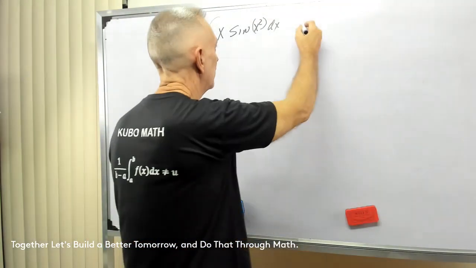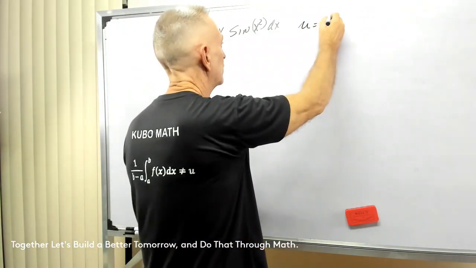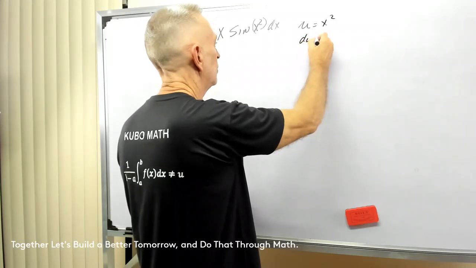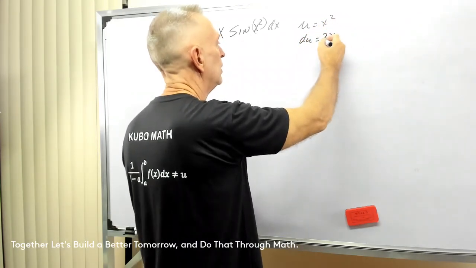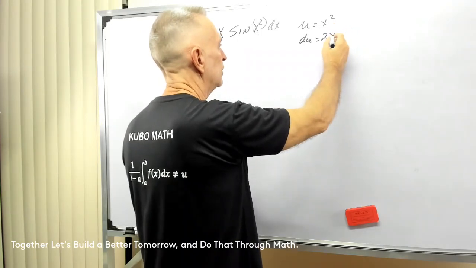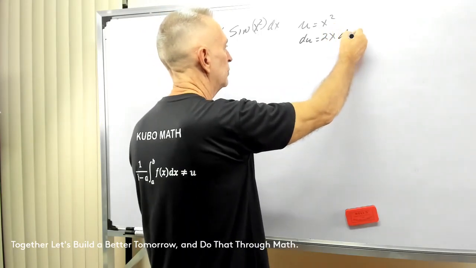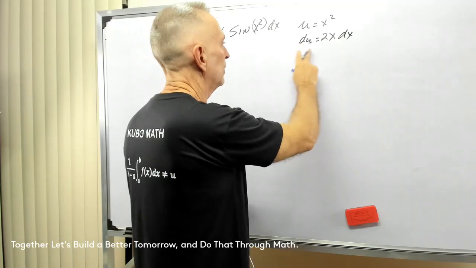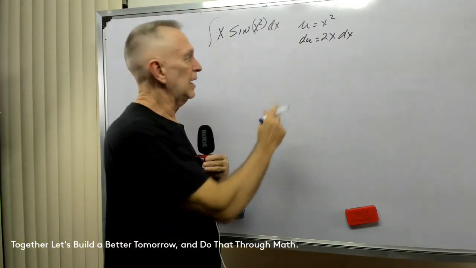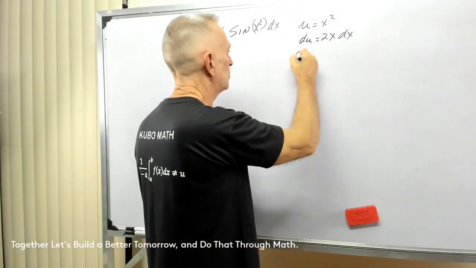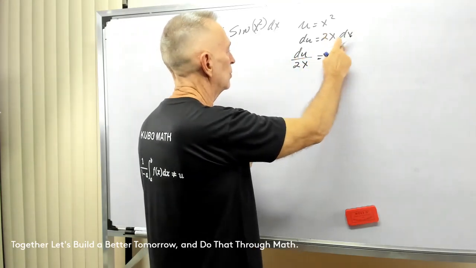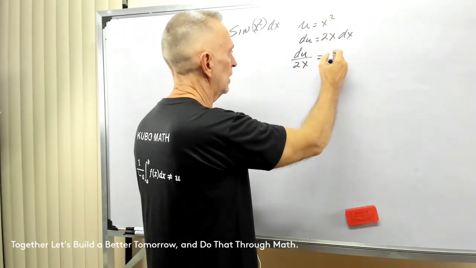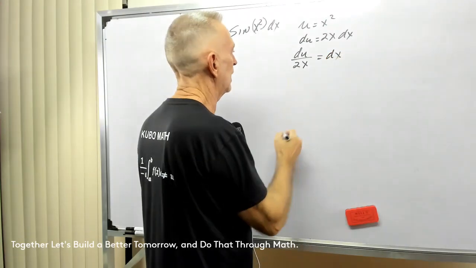So let's try that. u equals x squared. du equals, bring the 2 down, x to the 2 minus 1, which is 1, and then the chain rule, the derivative of x, which is dx. So now let's isolate the dx. I'm going to divide both sides by 2x. du divided by 2x. The 2x's cancel, leaves me dx.